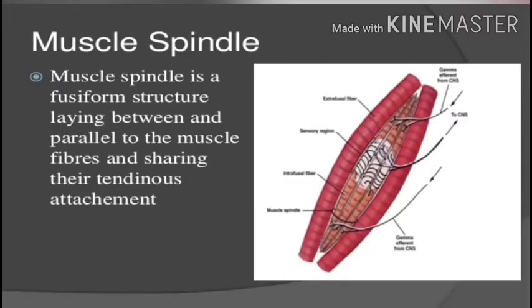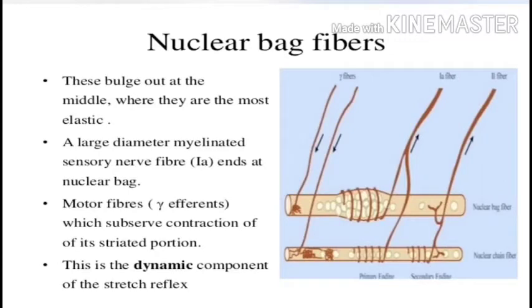Two, large diameter myelinated afferent nerves, type 1A and type 2, originating in the central portion of the intrafusal fibers. And three, small diameter myelinated efferent nerves supplying the polar contractile regions of the intrafusal fibers. The intrafusal fibers are positioned in parallel to the extrafusal fibers.